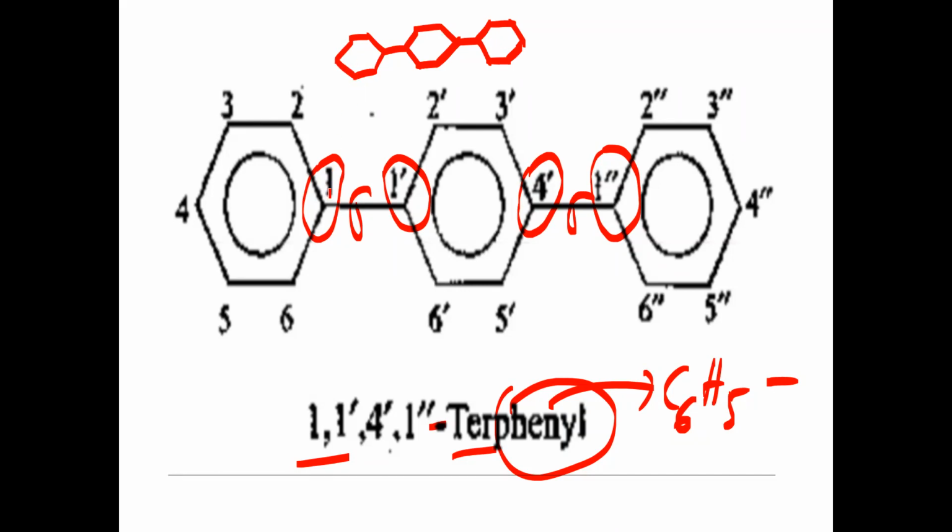Same thing, the numbering will be the same. So what do we take now? 1 comma 1 dash comma 4 dash comma 1 double dash, cyclohexane. Instead of phenyl, we have to say cyclohexane, because alternate double bonds are not there here. So we say cyclohexane rings. Same concept.